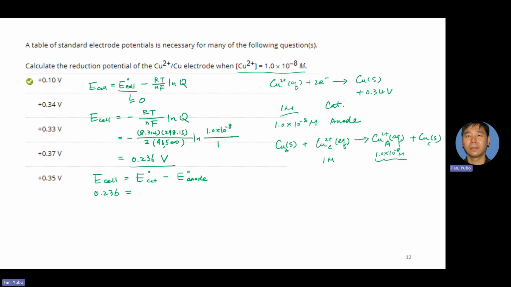So it is the standard one because it's 1 molar. So we use plus 0.34 minus this new one under standard condition, but the concentration is lower. It's the anode, right? So we rearrange it, then we get E anode for this lower concentration solution equals 0.34 minus 0.236. Then we have 0.104 volts. We keep two decimals here, so it's 0.10. Okay, we can just use this one. That's why it is 0.10. All right.